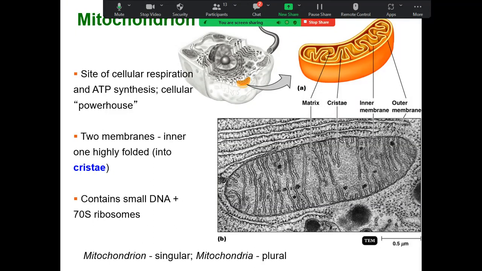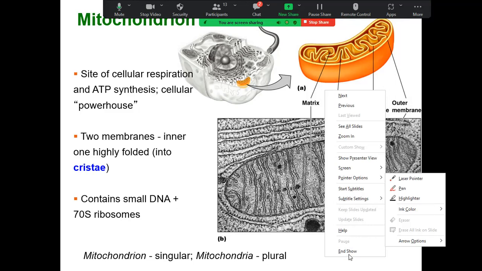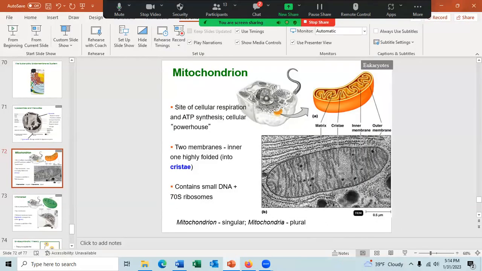The other difference, and I guess there are a couple, but the other main difference is these membrane-bound organelles, the mitochondria and the chloroplast, have a DNA molecule inside them. All right. Those are the two main differences, and I just was going to point that out.